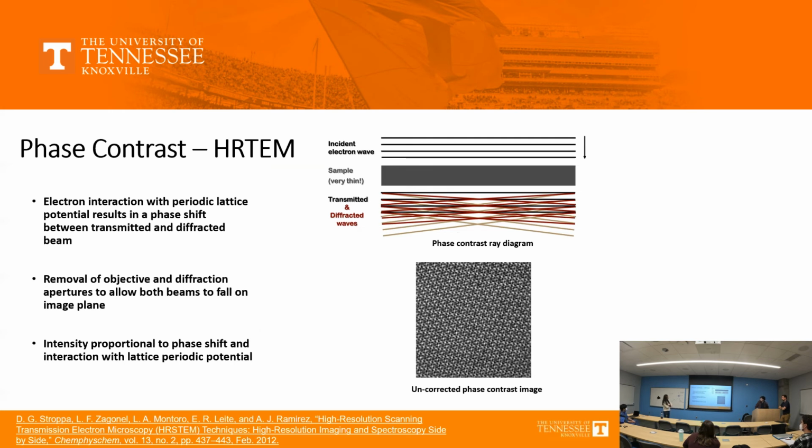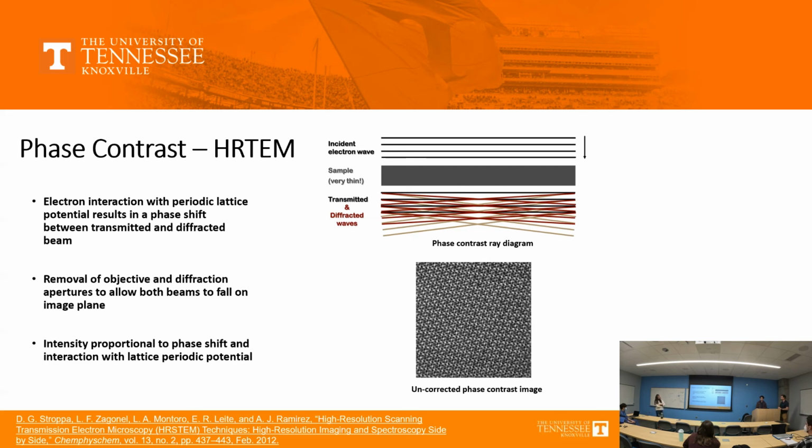So Brian touched on the concept of phase contrast. Basically, when you pass an electron beam through a material, if you're modeling the electron beam as an actual wave instead of a particle, when you pass it through an electron cloud, you're going to alter the wave phase of your beam.